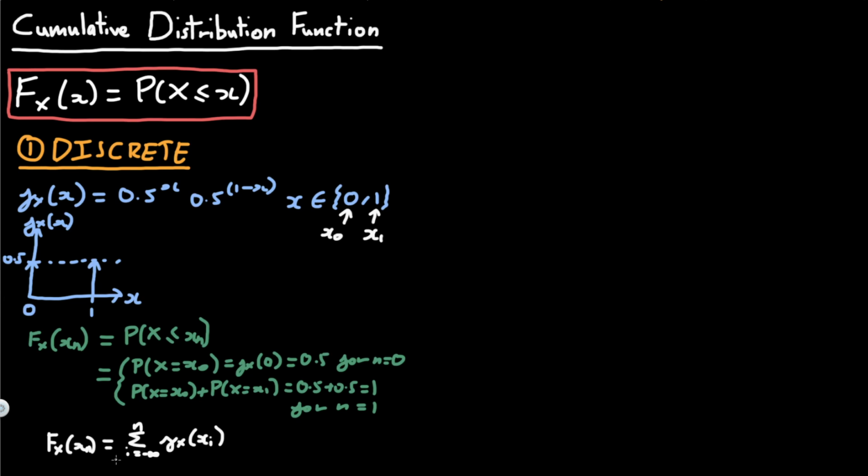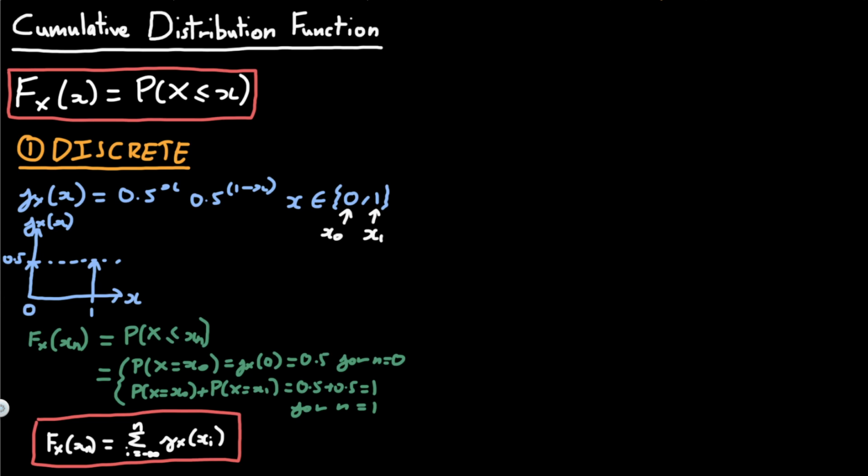Just going over this again, the probability that a random variable X is less than or equal to some value indexed by the letter n would be the sum over all values below that input value of the probabilities for those possibilities. So again, I'm going to put a box around this, and that is the definition for the discrete case.